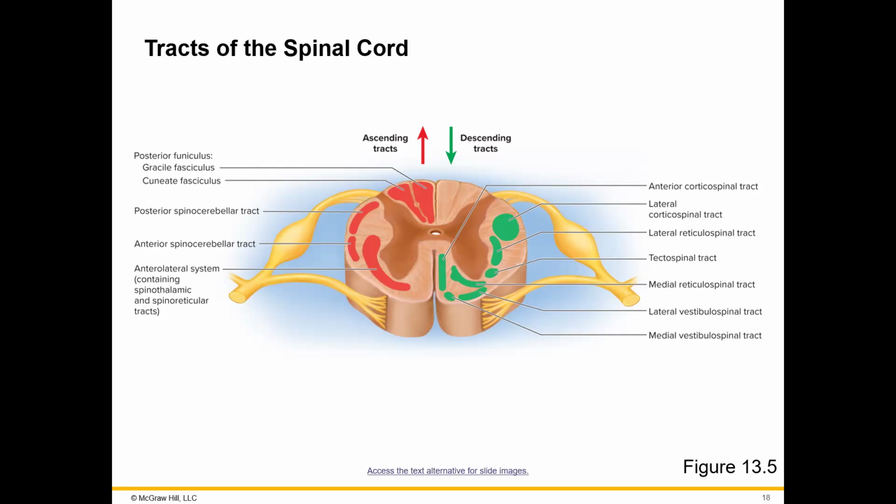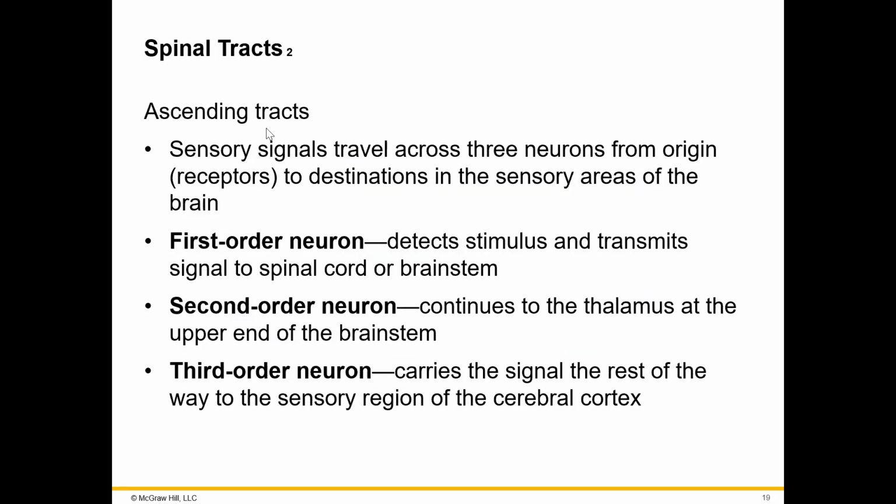The output is always motor. So the ascending tracts, these are sensory signals that travel across three neurons from the origin, the receptors, to destinations in the sensory areas of the brain. So these are very important concepts.